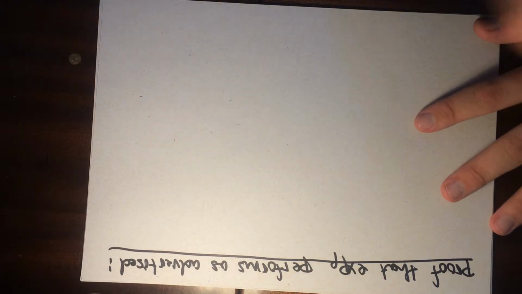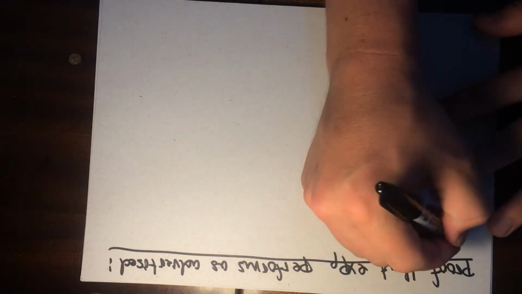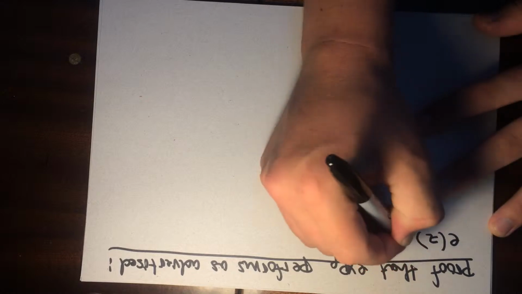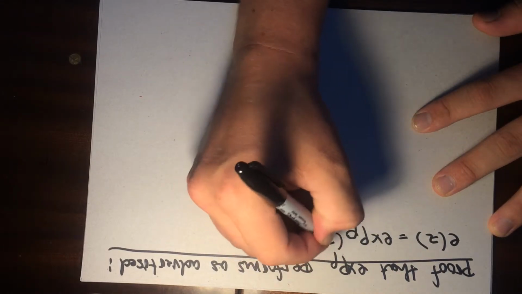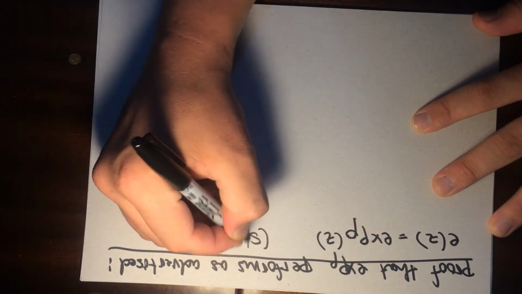Okay, so let's just make some notation. Let's say e(z), so I don't have to write it down. So this is just going to be a shorthand that we're going to use.